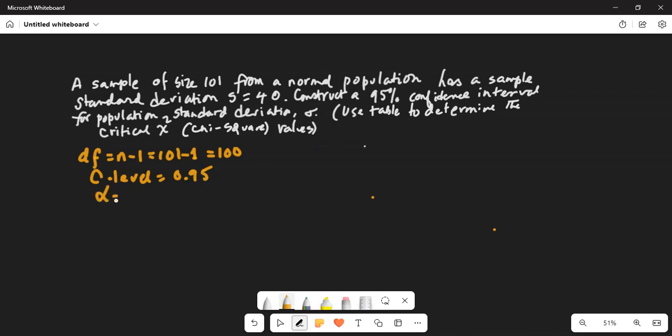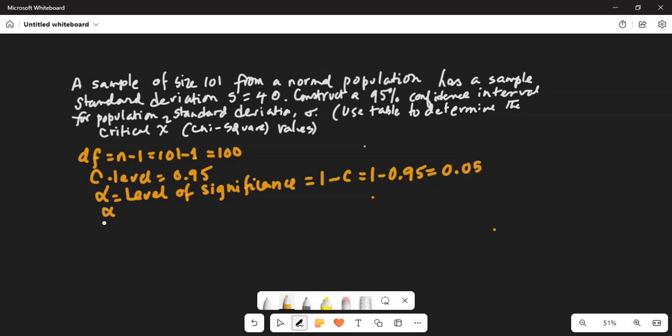Alpha is the level of significance, which is equal to 1 minus C, 1 minus 0.95, which is equal to 0.05.